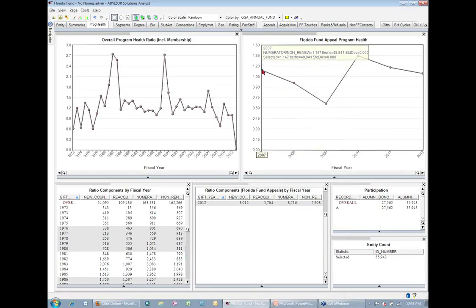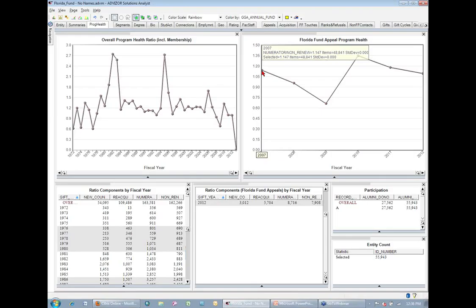And if you look right here, it looks like we were up here in 2007 when we hadn't quite hit the crash. It was starting, but it was still fairly good. Oh, let me define what program health is. Some of you are probably wondering. The way we define program health is a calculation based on new donors plus reacquired donors, and that's the numerator, all divided by non-renewing people.